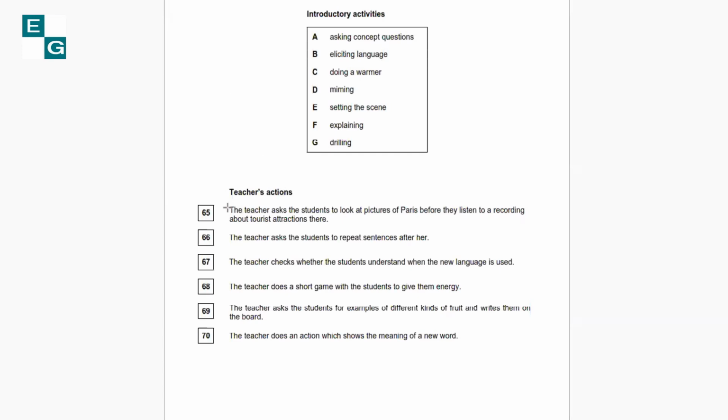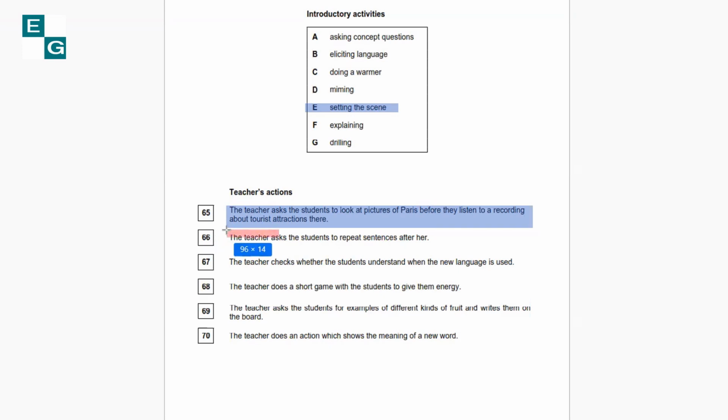For example, the teacher asks the students to look at pictures of Paris before they listen to a recording about tourist attractions there. If a teacher does this, the teacher would be setting the scene, preparing the students for what's coming: a talk about Paris or the listening about Paris or tourist attractions.